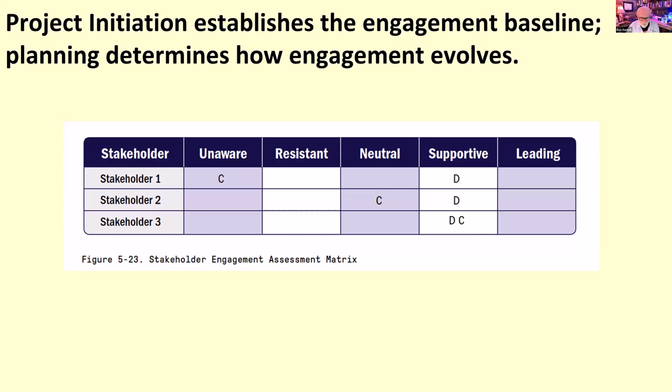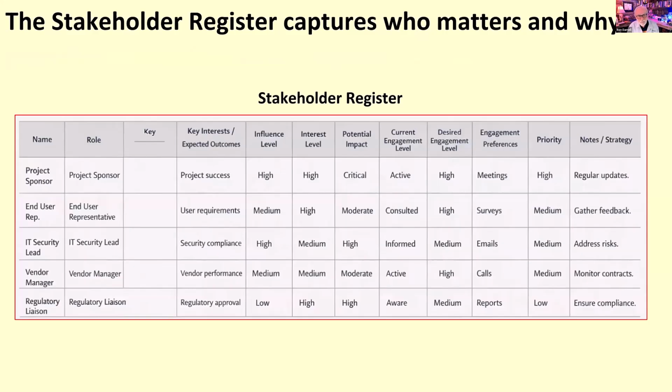And it gets us down to the next part of this, which is the stakeholder register. It's what we're really trying to build, and it's really just a visual representation of the different stakeholders. Here we would have the actual name.